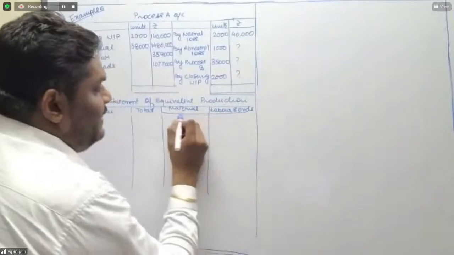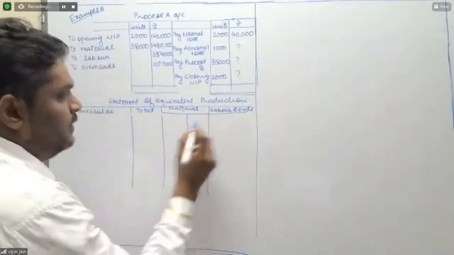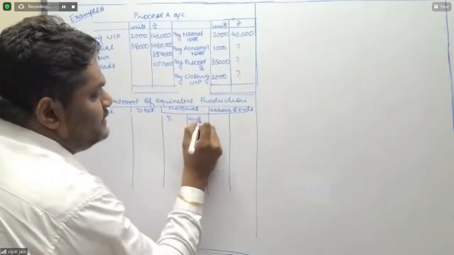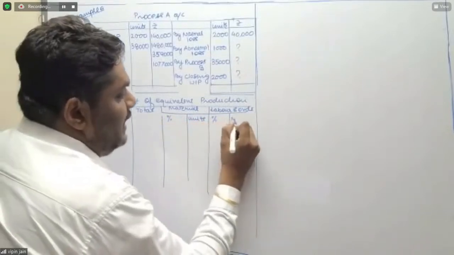Further, in case of material, labor and overheads, we have to divide it in two parts, percentage and units, and percentage and units.